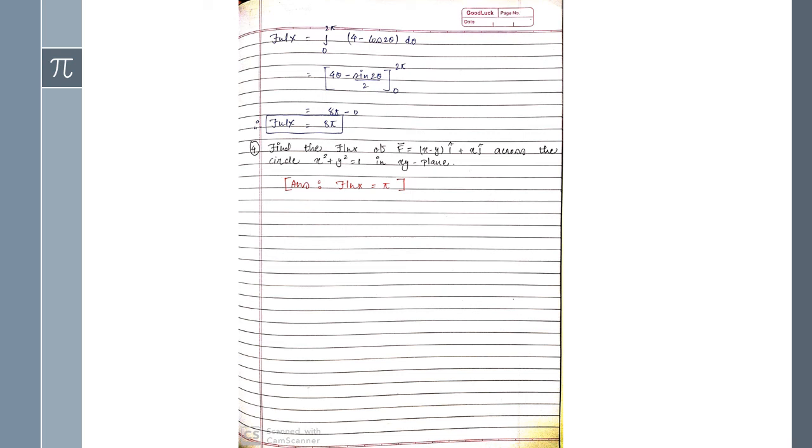So it is a circle, and for the limits we are given the xy plane, an f is given and here a circle is given. Circle means it is the same as the third example we just did. So you have to solve it the same way as I solved the third example. Here you have to apply the parametric equations of the circle, and then write the limits of theta. The limits of theta will be the same, that is 0 to 2 pi. Then after the simplification you will get the final answer as the flux, and here I have given the answer, that is pi.